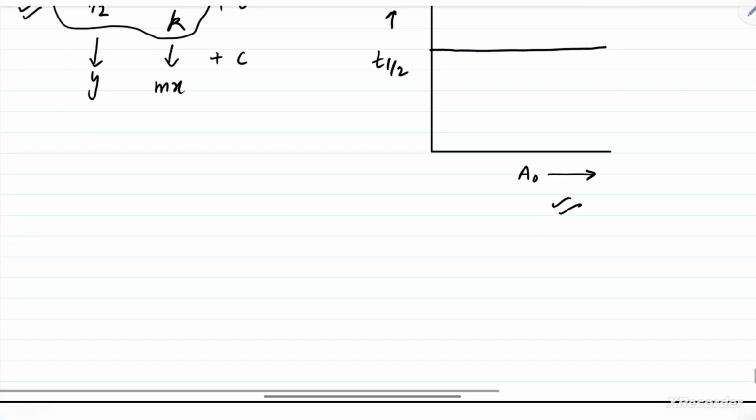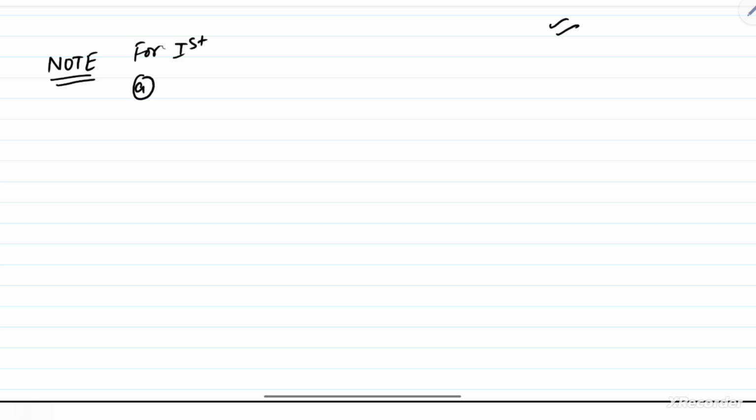Now I will make you write several relations. Although these are questions, you can write them in the form of a note, because these are the formulas. First one is for first order reaction. CBSE might ask to prove these relations. The first one is T 75%, or we can also write it as 3/4, is 2 times of T half.